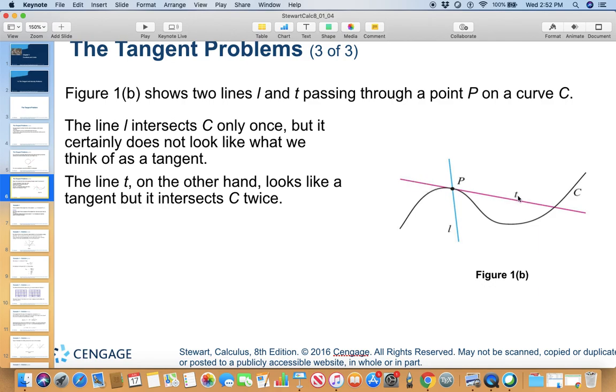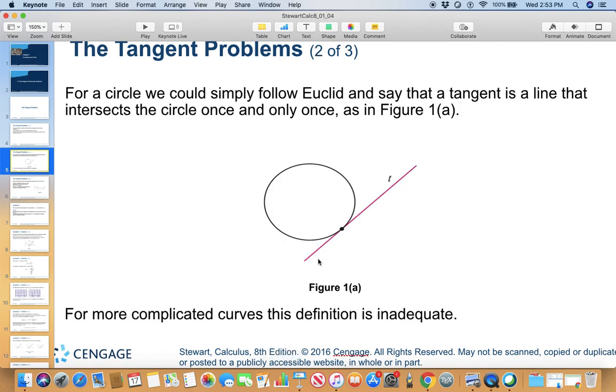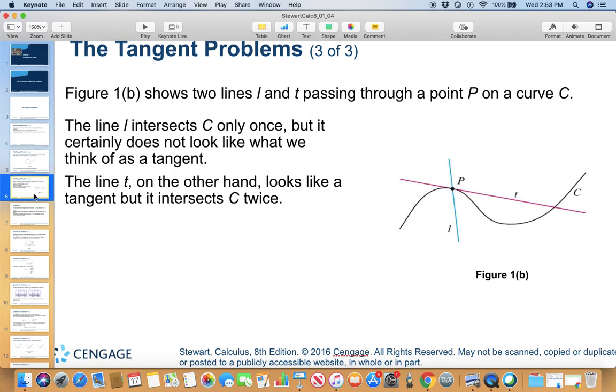Notice T is a tangent to the curve at point P, but T does not remain a tangent at this point. So a tangent is not what we think of as a line which touches your curve only once. That is not necessarily the only way a tangent is defined. In fact, that's incorrect, as you see.